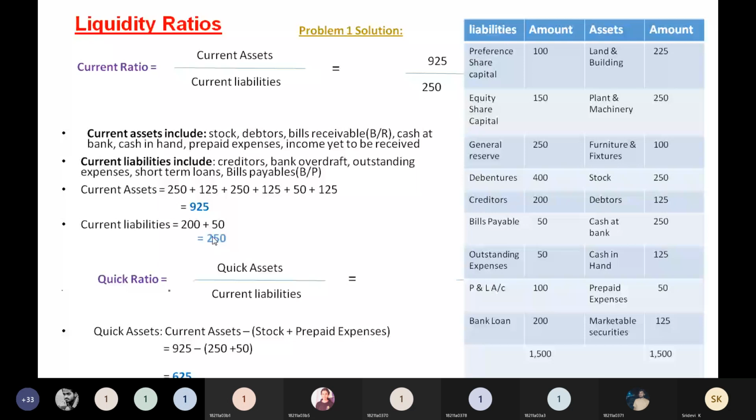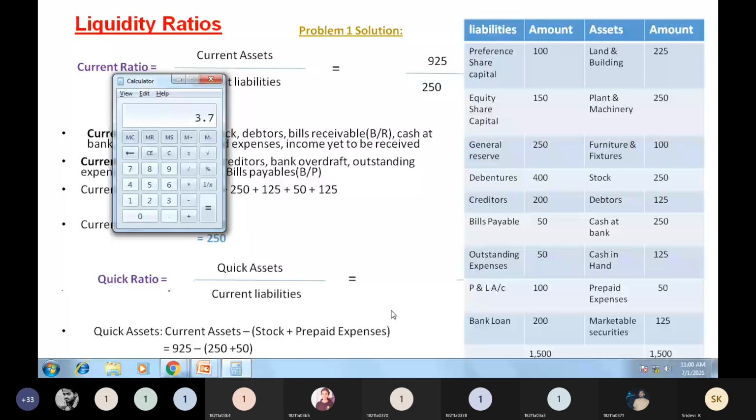I hope you understand. 625 divided by 300 you write here beside this formula. So how much will you get? 625 divided by 300. The result is how much? 2.08 is to 1. We will get the result.